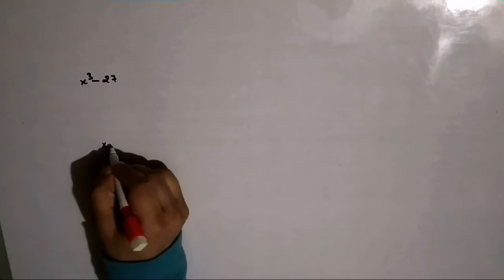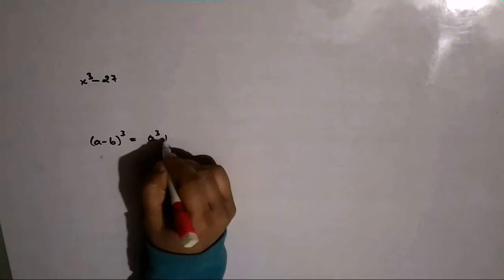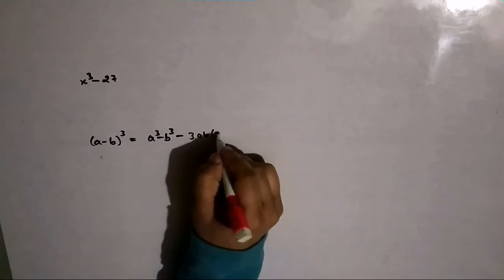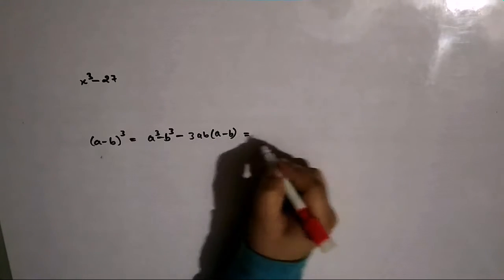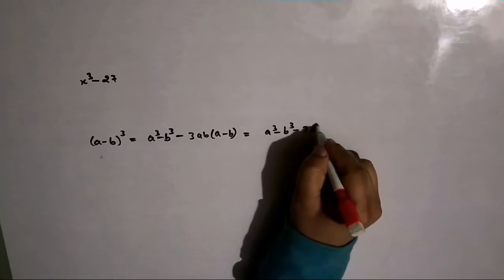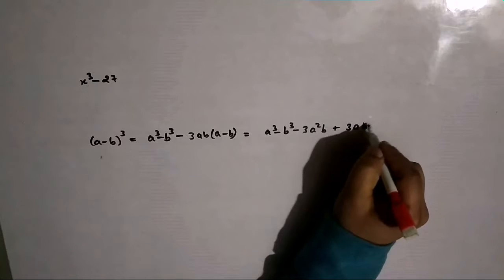We know that (a minus b) power 3 is basically a cube minus b cube minus 3ab(a minus b), or this could be written as a cube minus b cube minus 3a square b plus 3ab square, right?